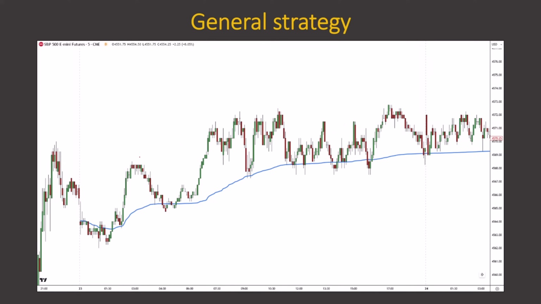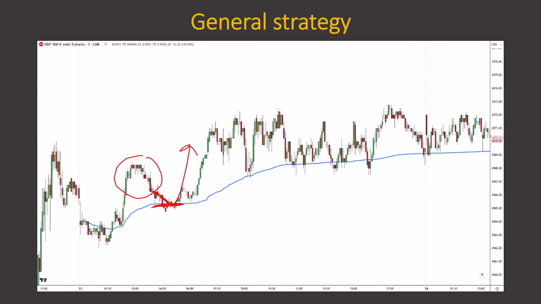If the price is above VWAP, like for example here, that means buyers are in control, and it comes back to the VWAP line, then you want to enter long from VWAP. That's the most basic way how to trade with VWAP.